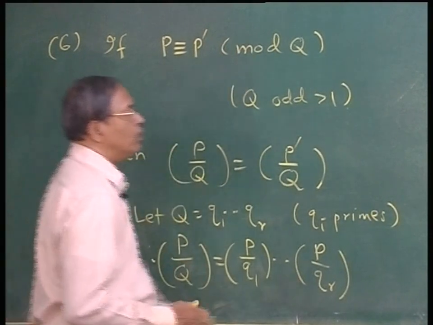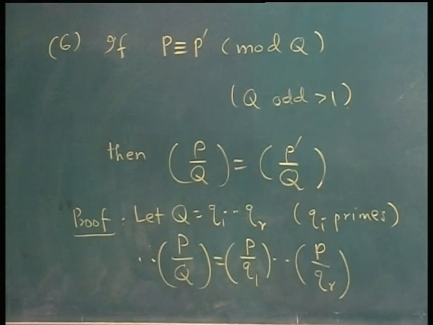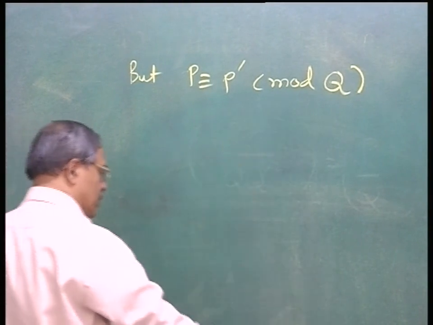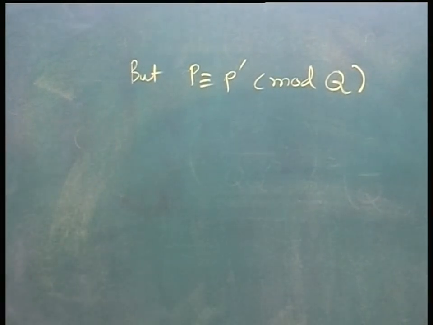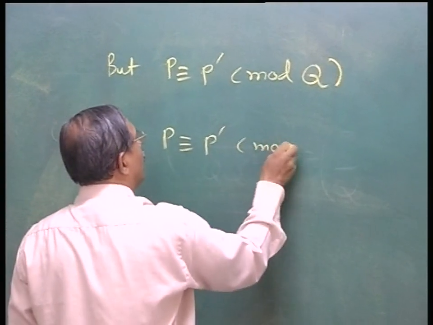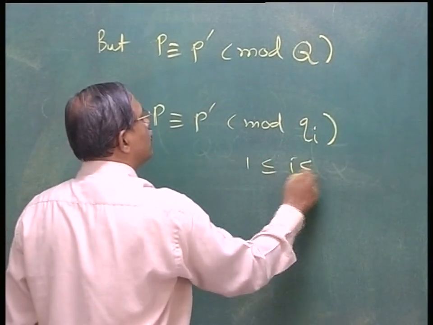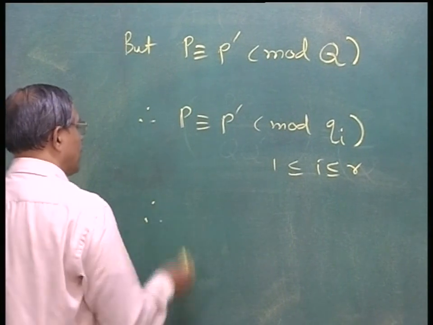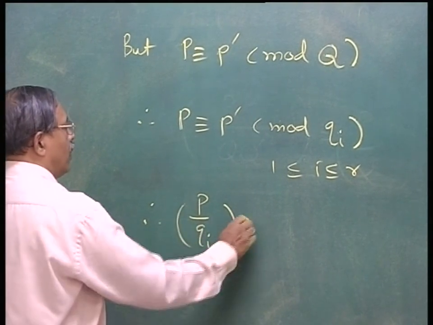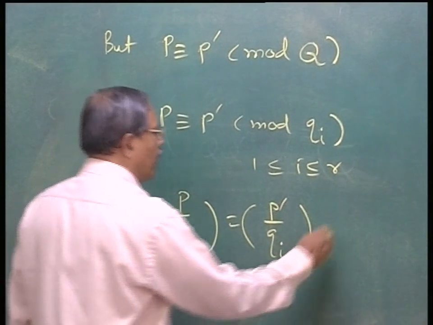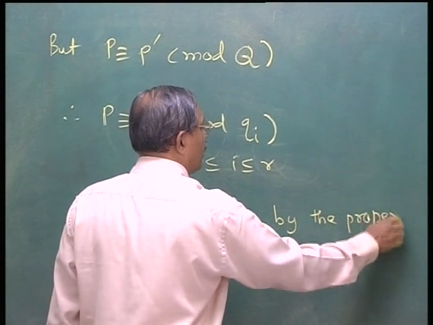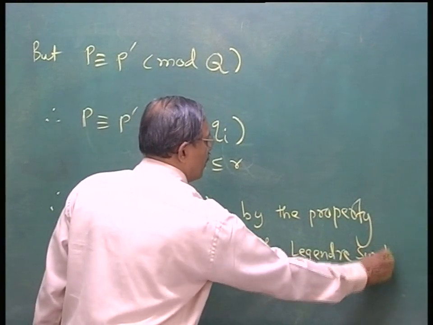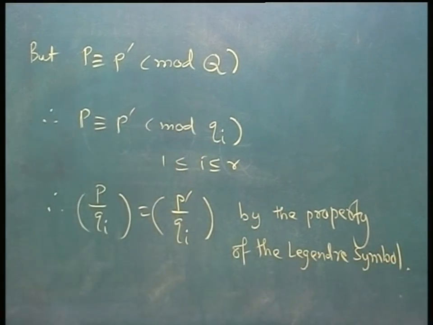But P is congruent to P' mod Q. Take any divisor Qi of capital Q. Therefore, P is congruent to P' mod Qi also, for 1 ≤ i ≤ R. For any divisor Qi of capital Q we get this property, and therefore, by the property of the Legendre symbol, (P/Qi) equals (P'/Qi).